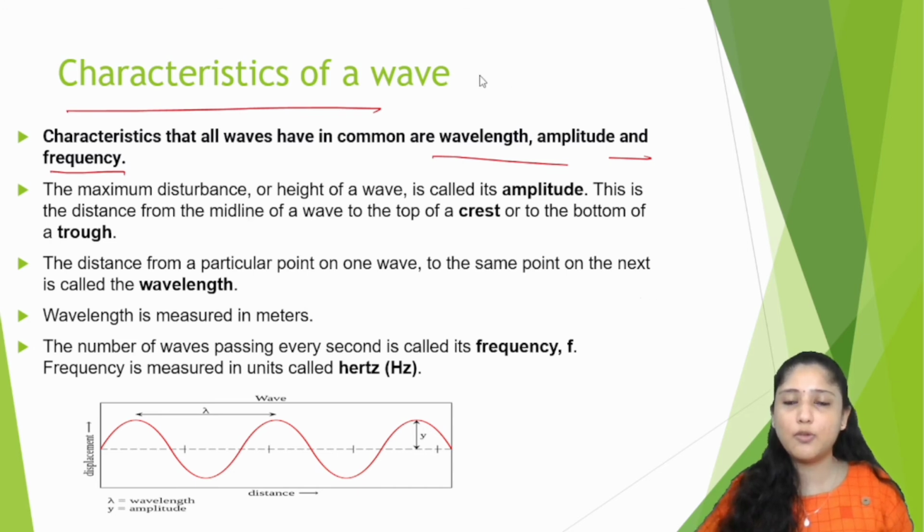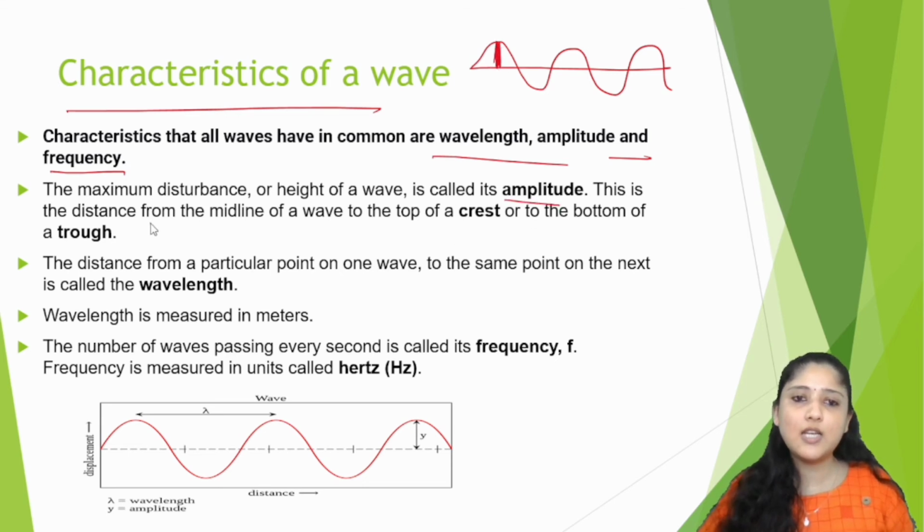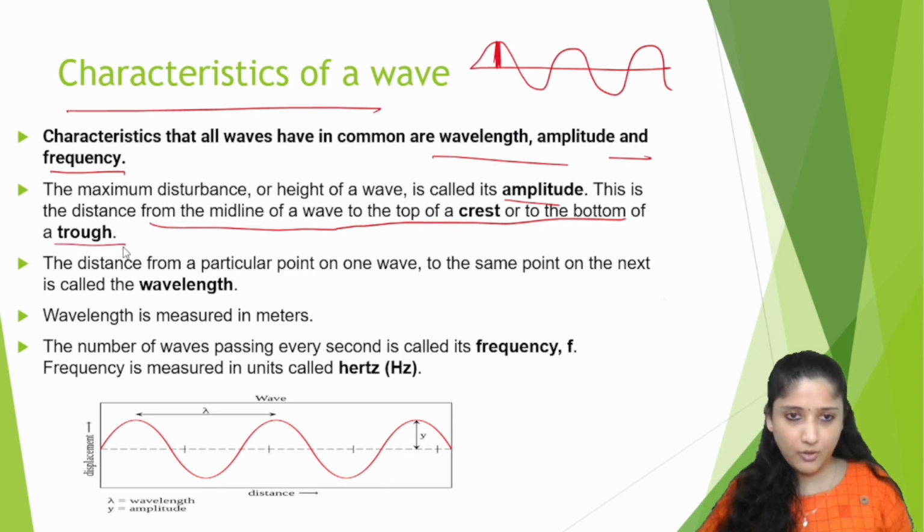Amplitude. If this is a wave, then this height is called amplitude. This is the distance from the midline of a wave to the top of a crest or to the bottom of a trough.